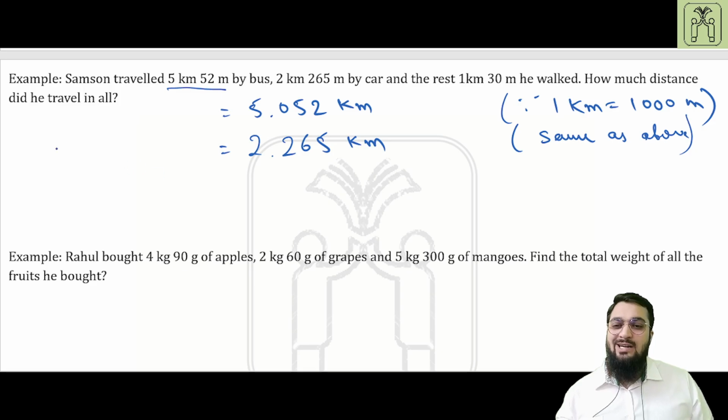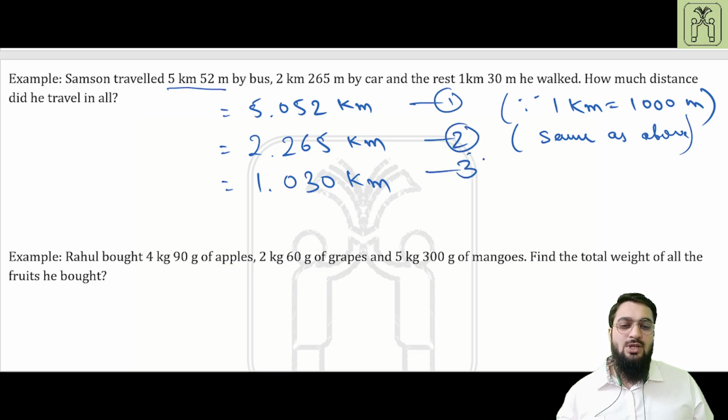Then again you will write Samson traveled while walking is equal to 1 kilometer 30 meter, that is equal to 1.030 kilometer, because same 1 kilometer is equal to 1000 meter. After that you will just name them equation 1, equation 2, equation 3, and you will write adding equation 1, equation 2 and equation 3 will give us the total distance he traveled.